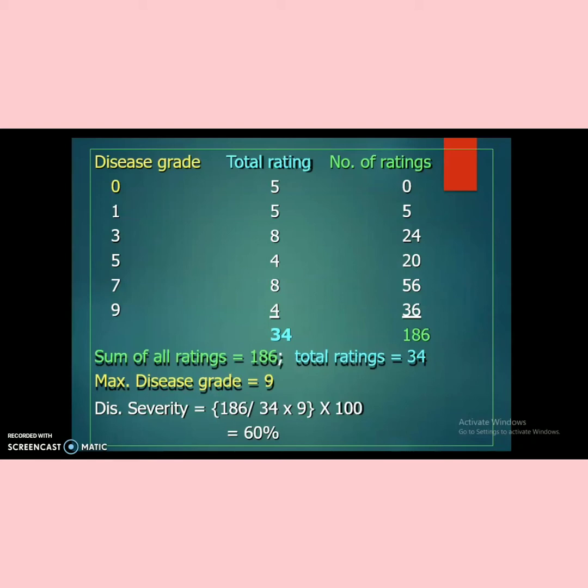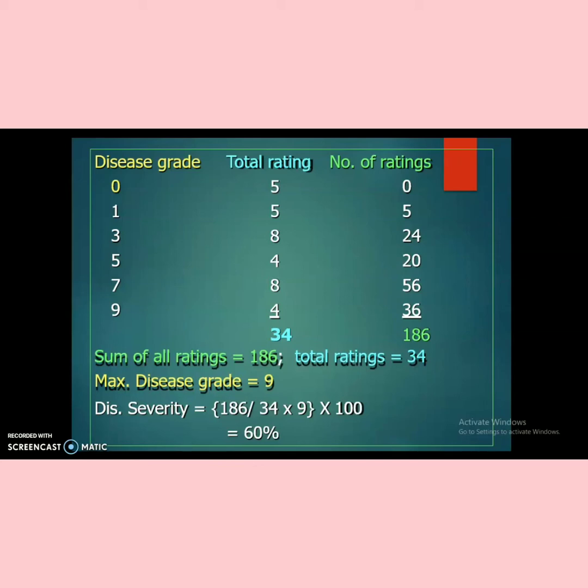On grade 0 we have observed 5 pods, so 5 pods have no disease. On grade 1 we have seen small pinhead spots on 5 pods. On the third grade, less than 1% infection on the pods, the number of pods observed is 8. On the 5th grade, the number of pods observed is 4. On the 7th grade, the total number is not constant.